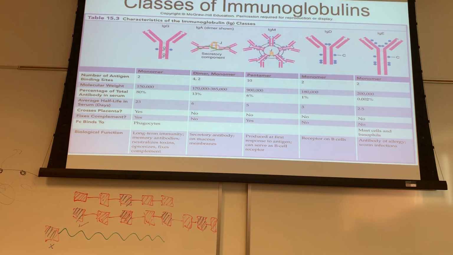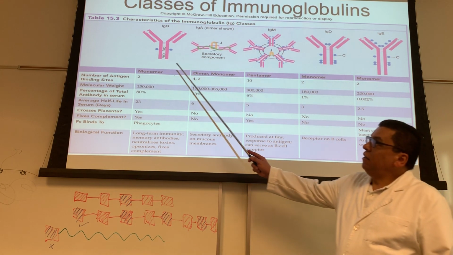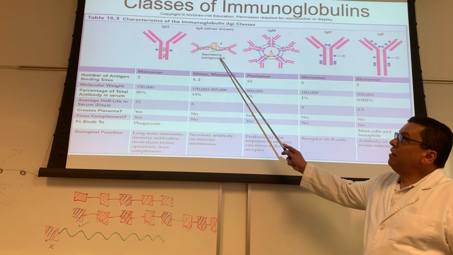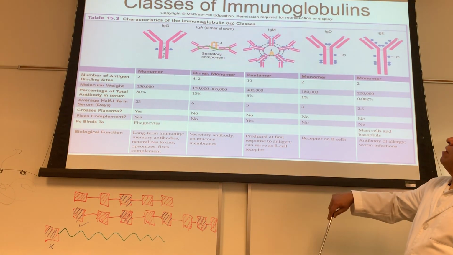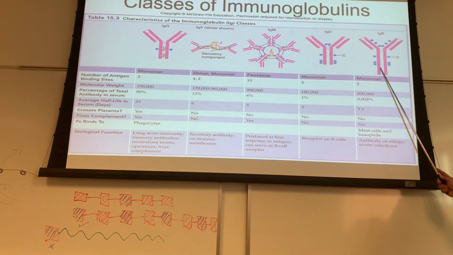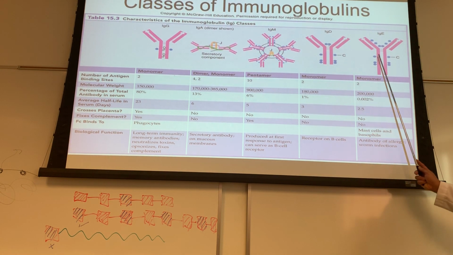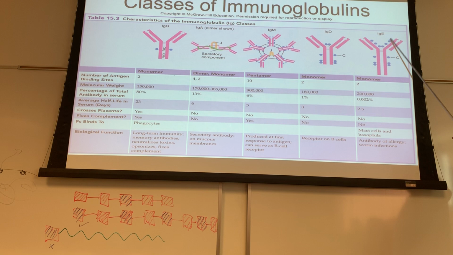These antibodies come in varieties here. The IgG, IgA, that's a dimer, this is a monomer, this is a pentamer. The constant region can come in different lengths. The IgE is involved in allergies, allergic reactions.